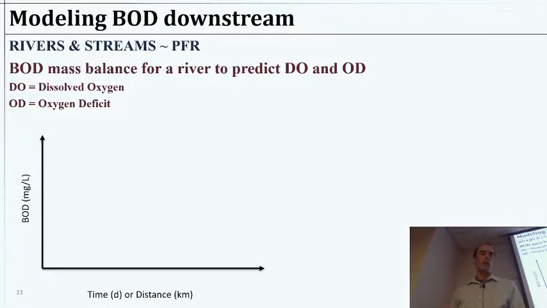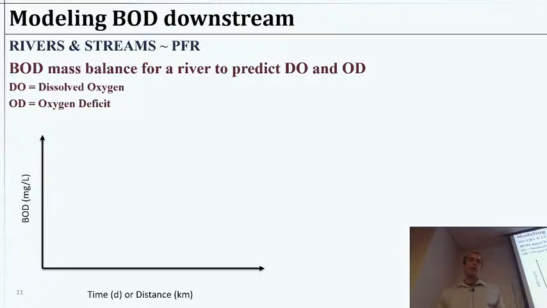So we're going to start on this slide with BOD. And the reason it's pretty interesting to look at a river is because it's going to act like a batch in many cases, right? Because you'll have some flow, maybe we can assume it's relatively constant, so we can have a distance or a time downstream.